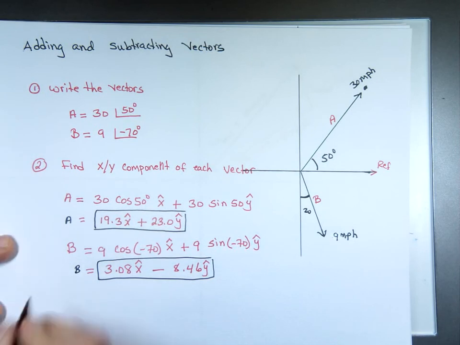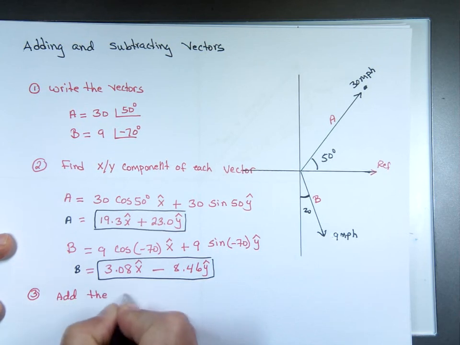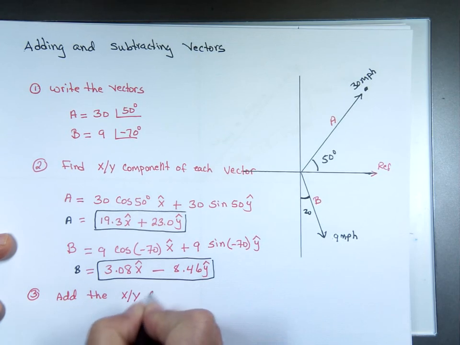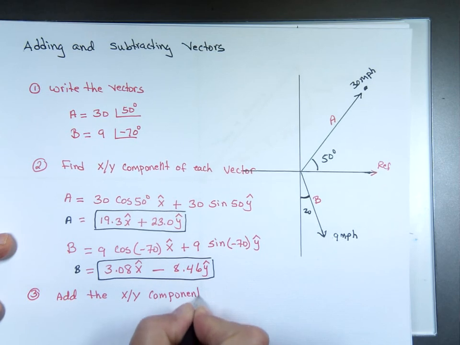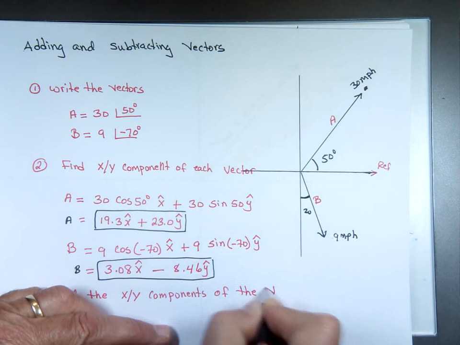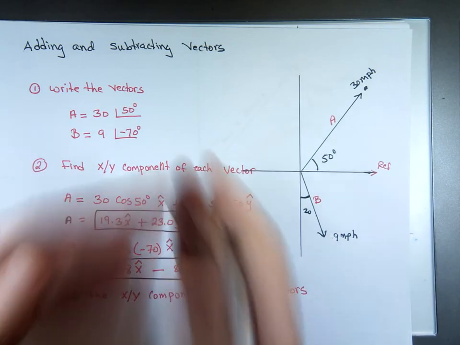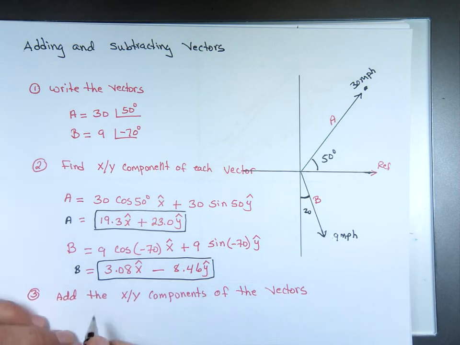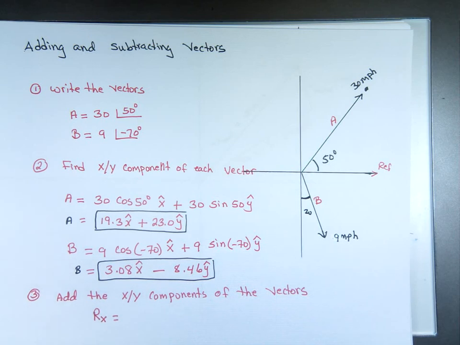Step number 3, add the x and y components of all the vectors. Now when I say add them, you can't add x to y and y to x. It has to be x to x and y to y. I call that the result in the x direction, the equivalent. If you were to find one force to replace them, that's the force I'm looking for.